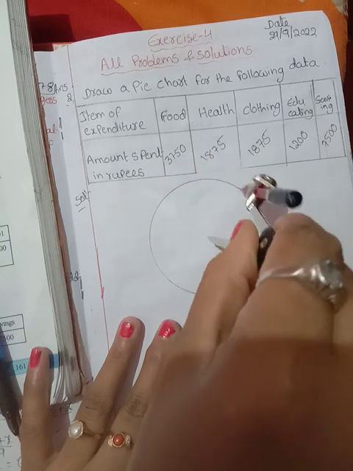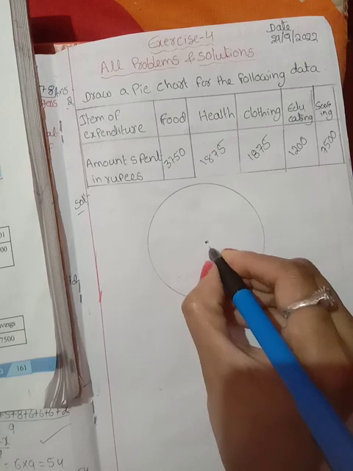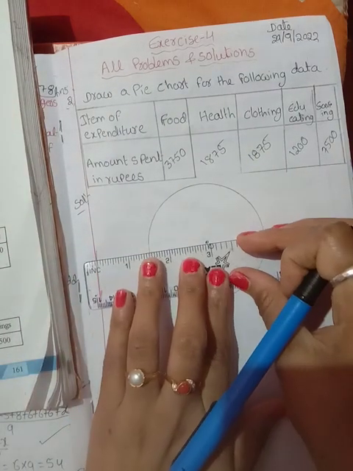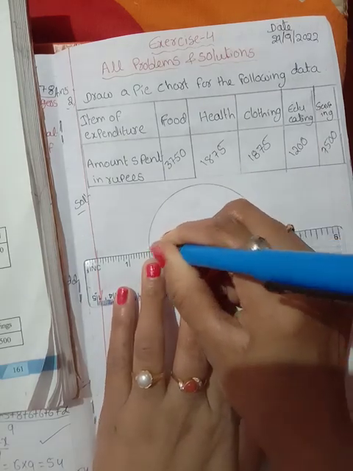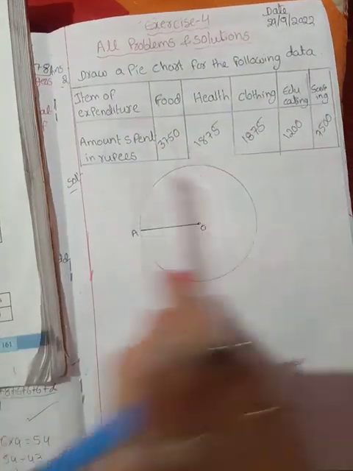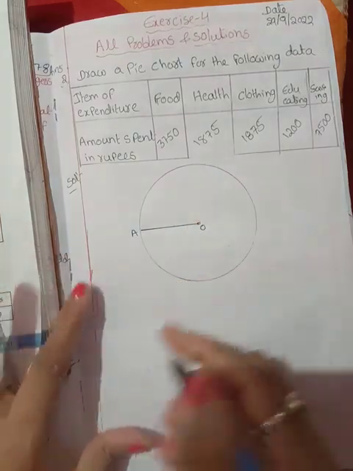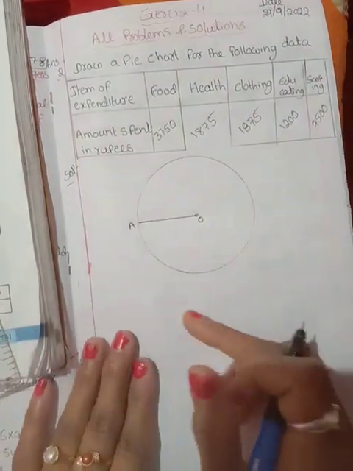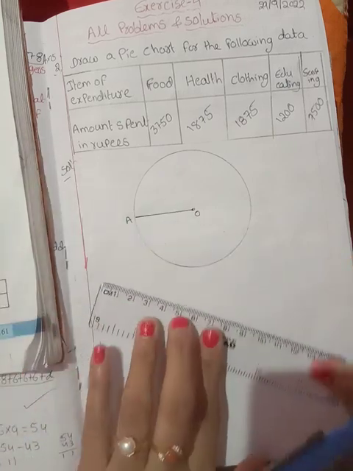The middle point is O. Then draw one radius, a line, and mark that point A. Later we will measure the angles and draw them after that. So first of all, draw only the circle. After that, write down the data table.